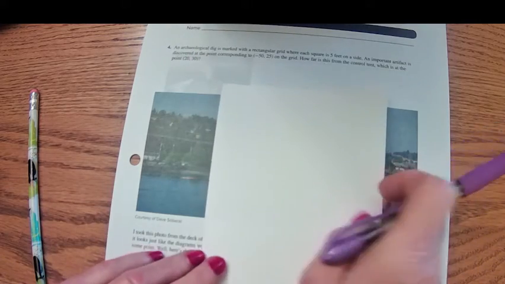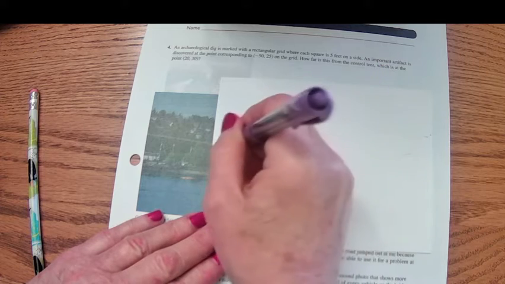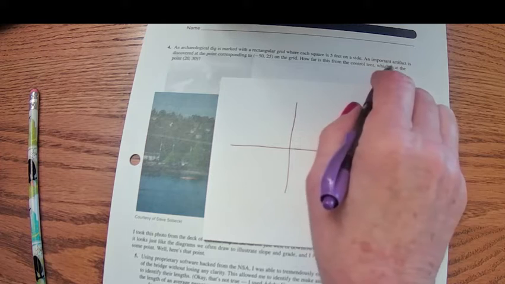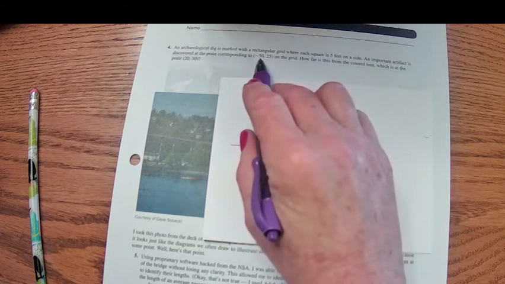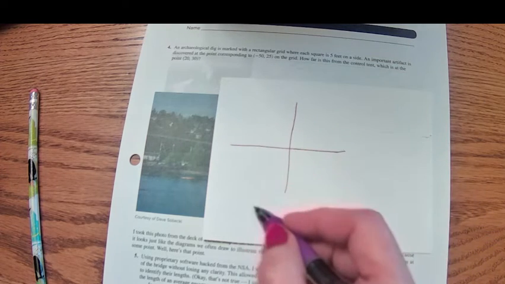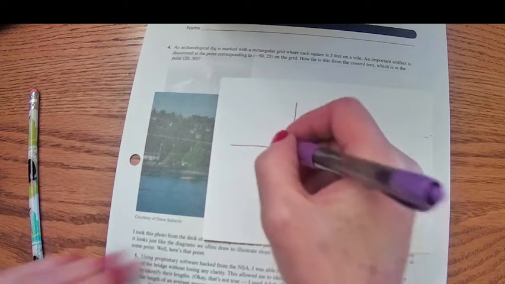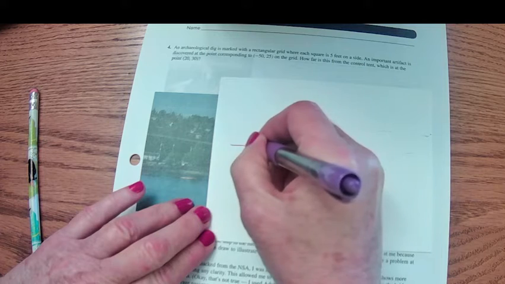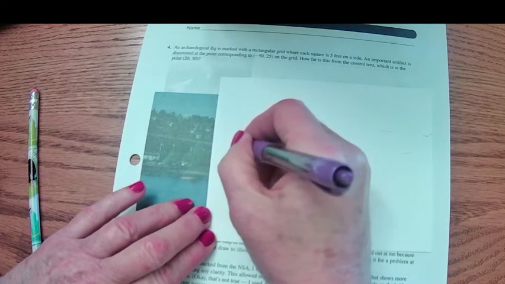All right, so let's try to draw what this looks like on our grid. They tell us that there's an archaeological grid and that an important artifact is found at the point negative 50, 25. So 5, 10, 15, 20, 25, 30, 35, 40, 45, 50.